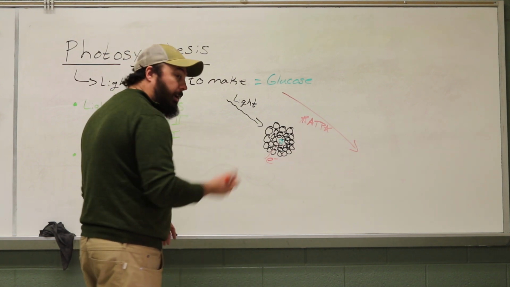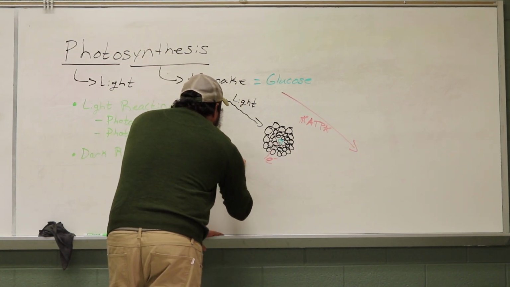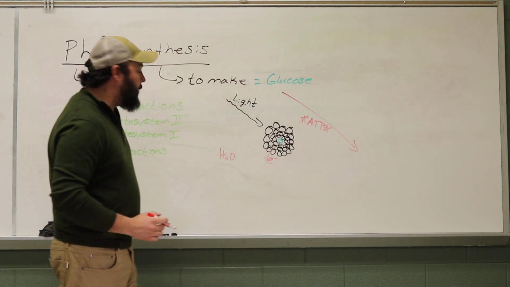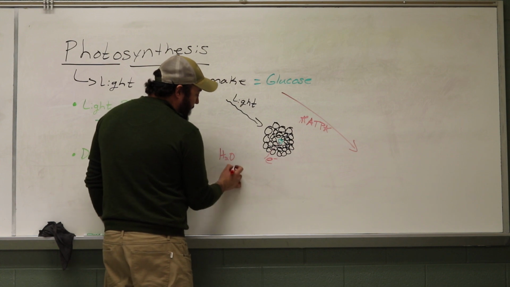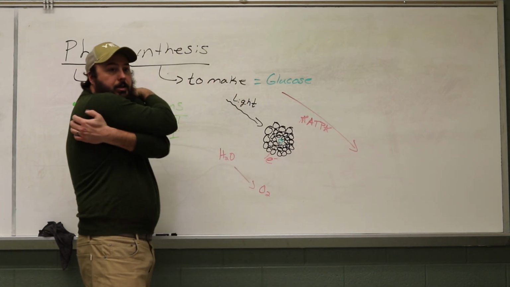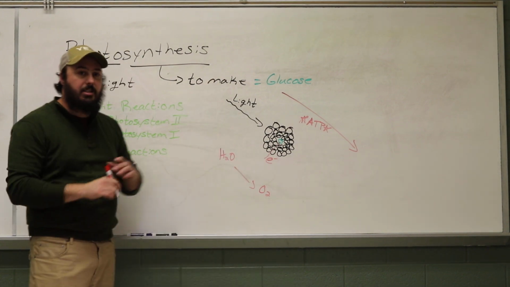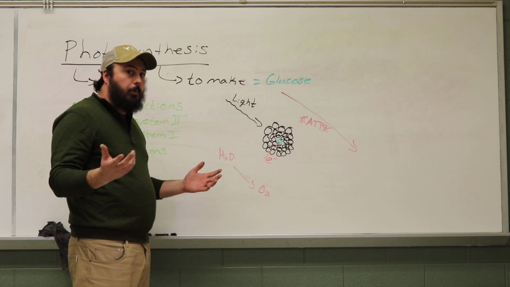Where did that electron come from? Well, that electron actually comes from water. Water is over here. What we do is we harvest the electrons off of water and we leave the waste product, oxygen. So oxygen is floating around. It's a waste product of photosynthesis. It's not used at all.